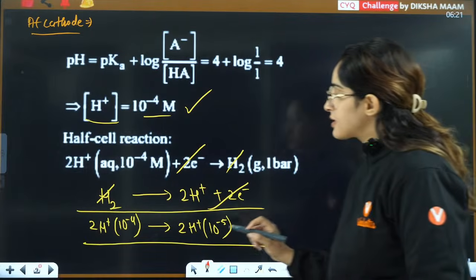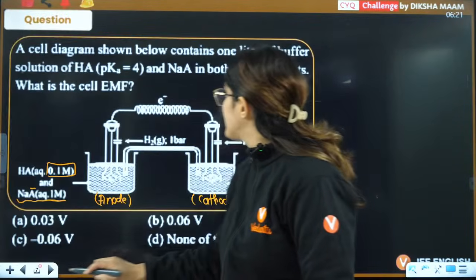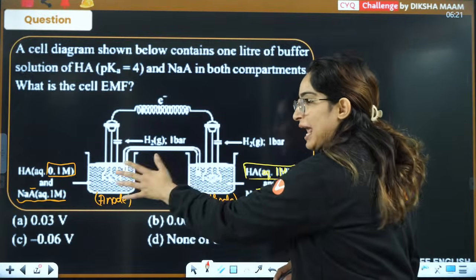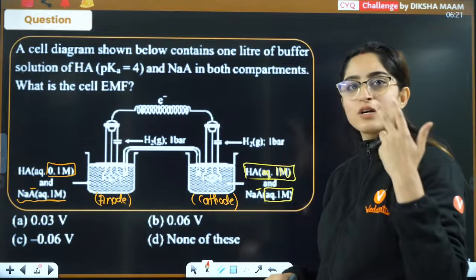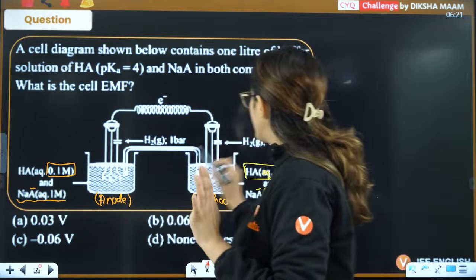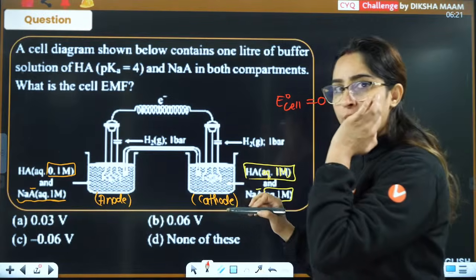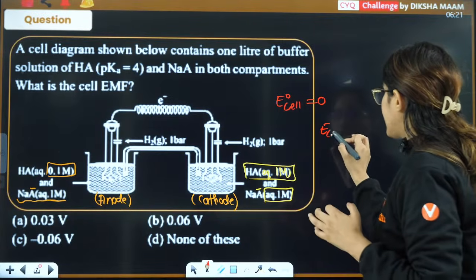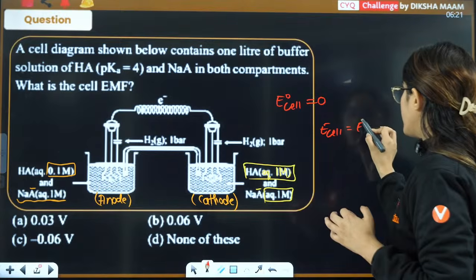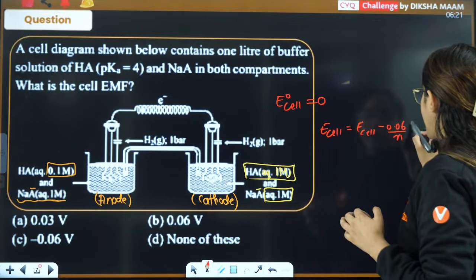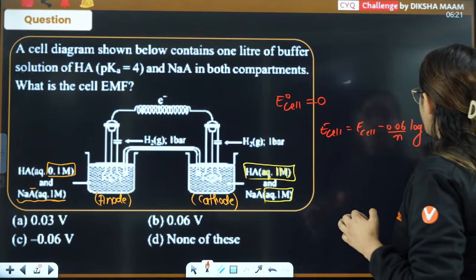Now they are asking you the value of EMF. Because both are SHE, E naught cell is automatically going to be 0. So you can write here that E naught cell is 0. And E cell is equal to E naught cell minus 0.06 divided by n log of QC.